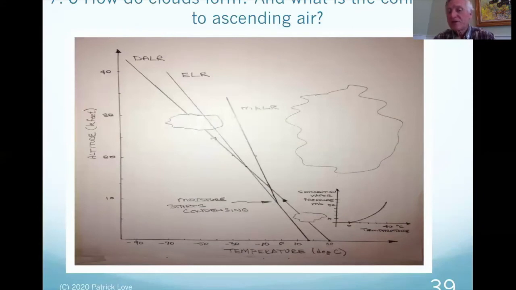And it's dry because the parcel doesn't have moisture in it, right? Now, that rate of cooling can be calculated from basic physics, basically having an exponential decrease in the pressure of the atmosphere that it's rising in and conservation of energy. So the dry adiabatic lapse rate tends to be about 10 degrees centigrade per kilometer.